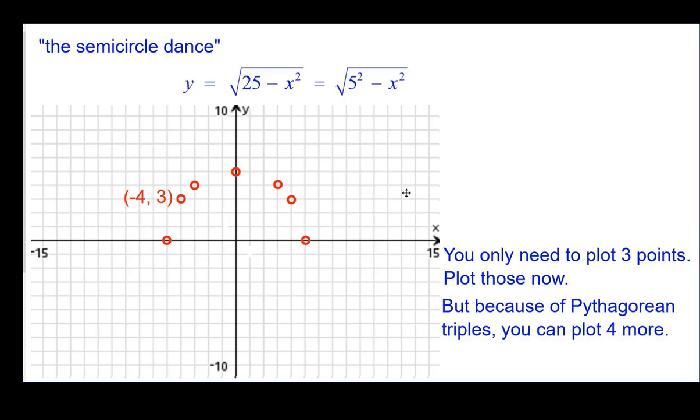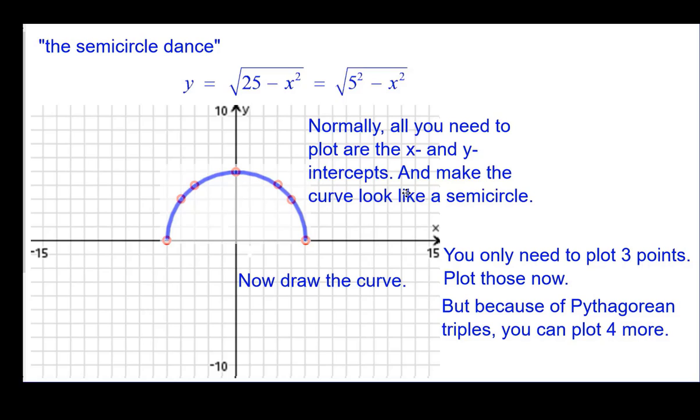And negative 4, 3, also another 3, 4, 5 triangle. Special case, though, for this particular radius. Drawing the curve, we get that nice semicircle. Again, all you need are the x and y intercepts to plot a semicircle and make it look like a semicircle.